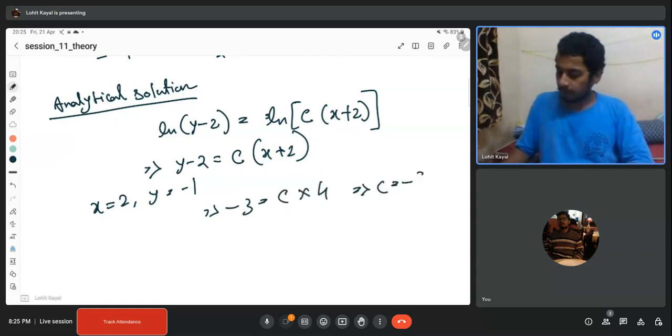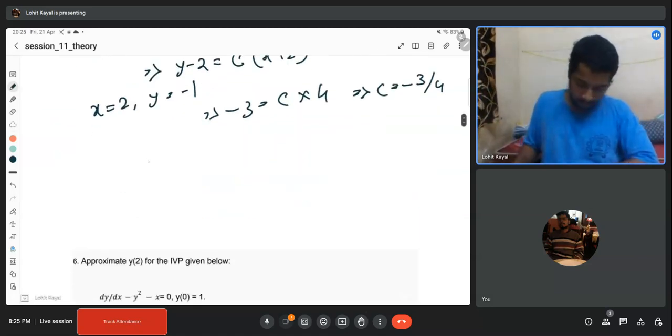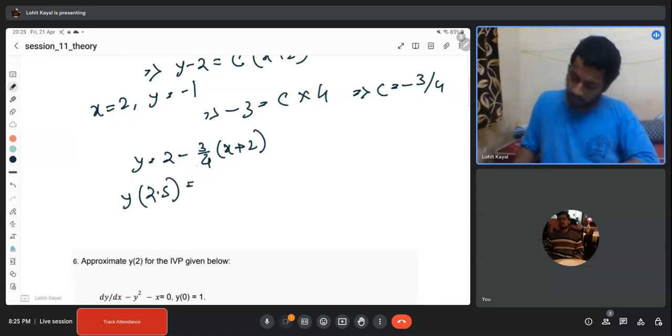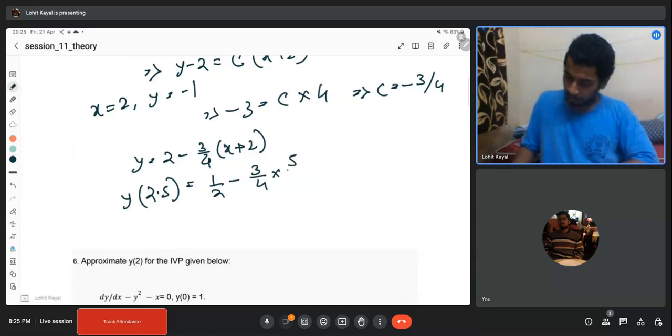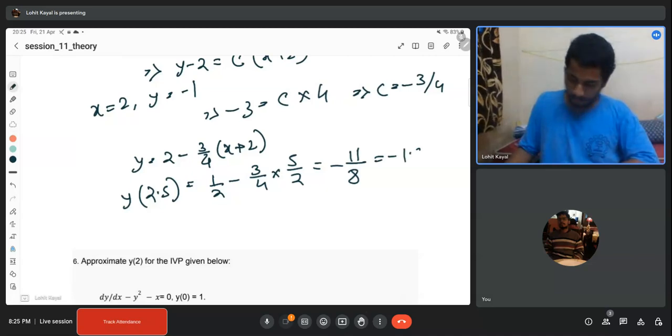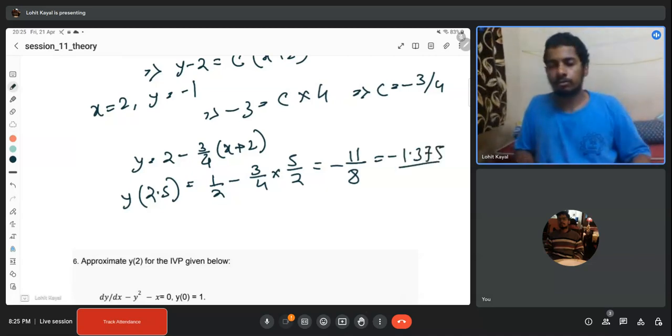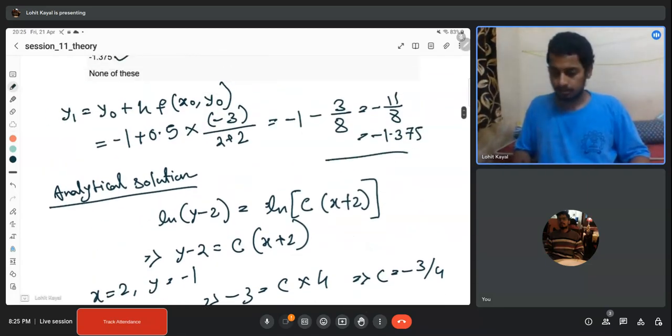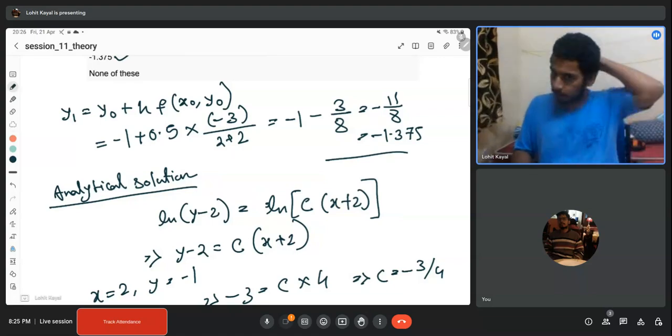This implies c equal to minus 3 by 4. So y equal to 2 minus 3 by 4 (x plus 2). Now y at 2.5 equal to 2 minus 3 by 4 into 5 by 2, that is 2 minus 15 by 8, equal to minus 11 by 8. So it is minus 1.375. So the analytical solution is giving exactly the same answer as the single step explicit Euler technique.